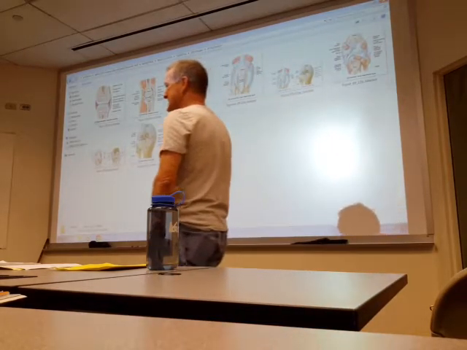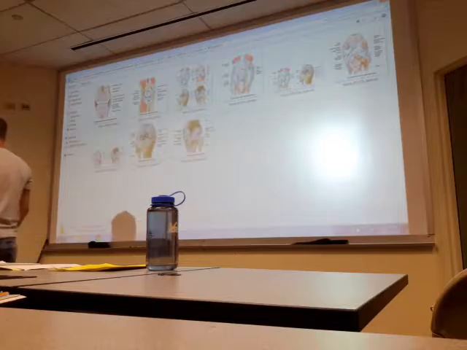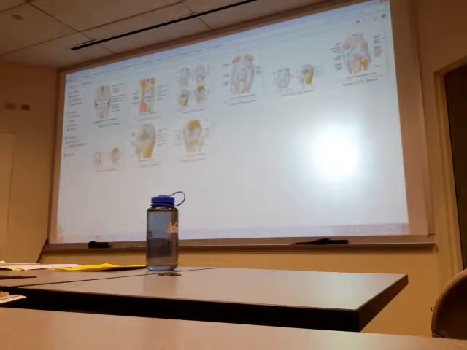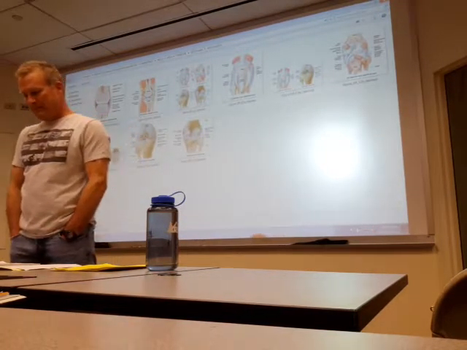What would you call the same joint at the distal ends of the tibia and the fibula? Exactly, distal tibiofibular joint. So when you rotate your leg like that, you have slight movement down here between the tibia and the fibula. It's fibrous, but slight movement is allowed upon rotation.